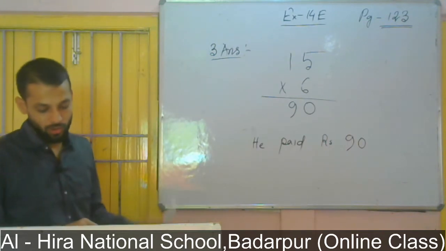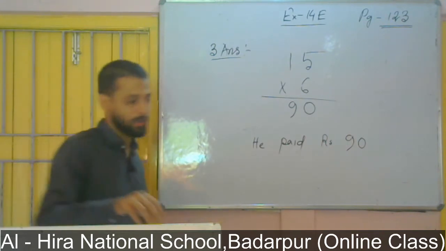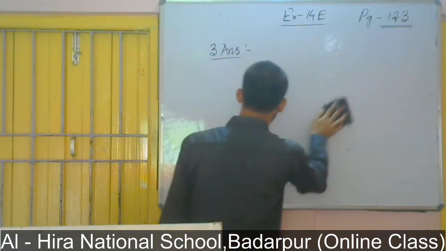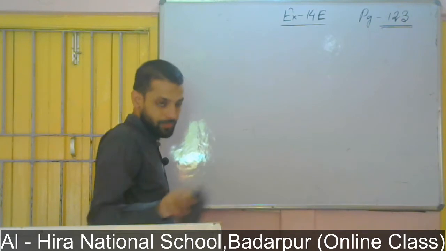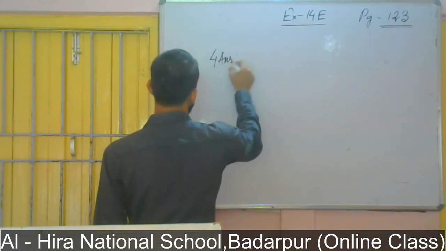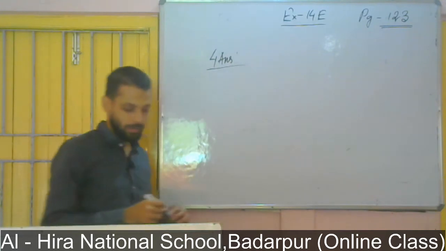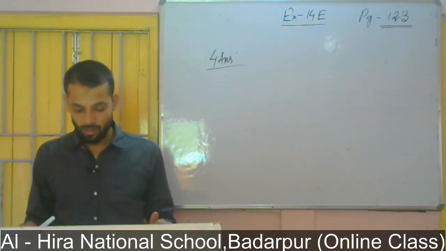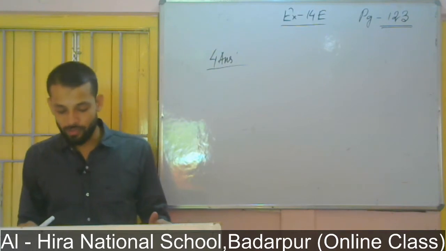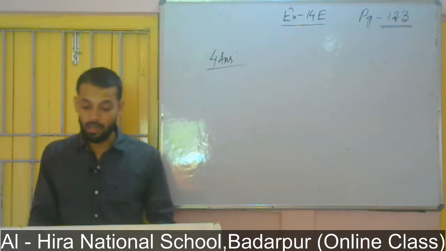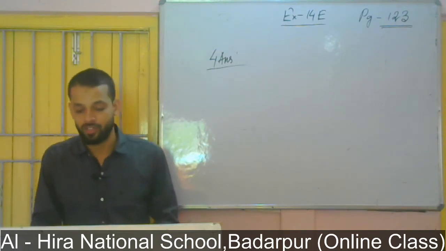Now we are going towards question number 4. Okay, we are moving towards question number 4. Now question number 4 is: Mala got rupees 360 by selling 6 of her large flower pots.